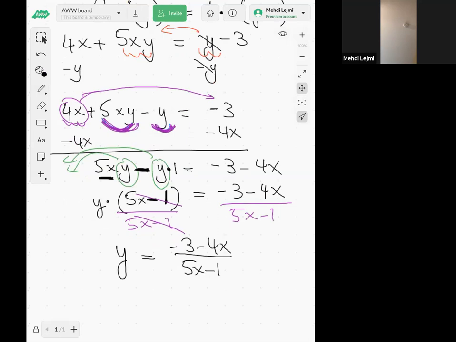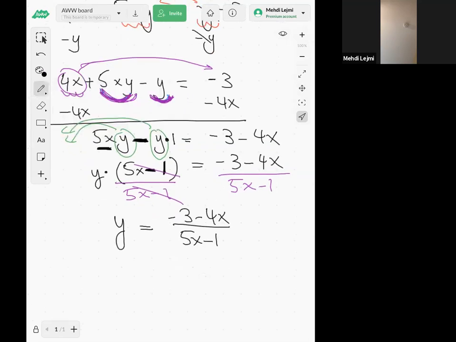That's your F inverse. This notation here, after the negative 1, that's the inverse function, okay? F inverse. So the inverse function is negative 3 minus 4x over 5x minus 1.